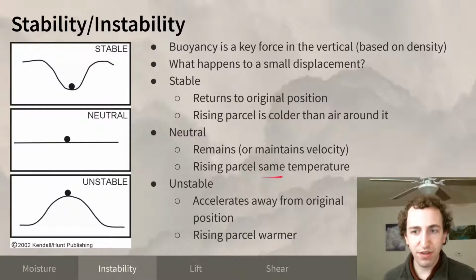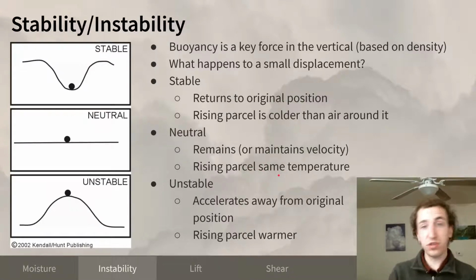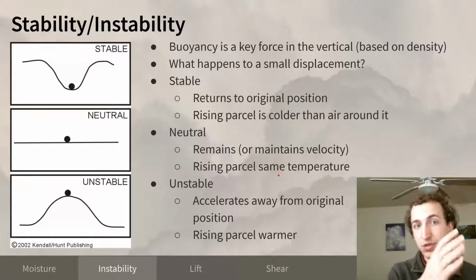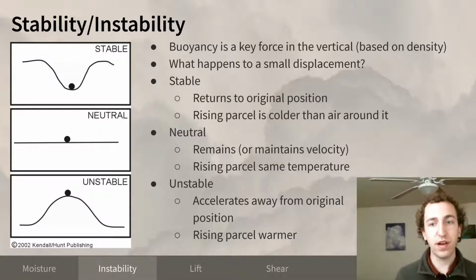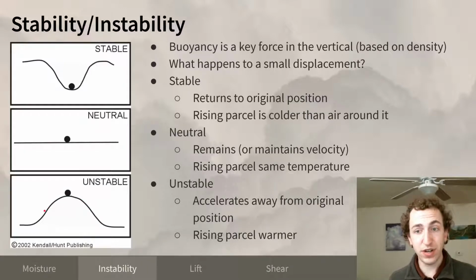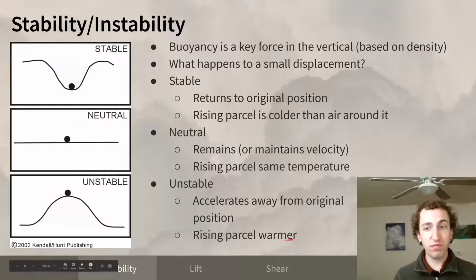In the atmospheric sense, this means the rising parcel maintains the same temperature as the environment, so it's neither more nor less dense than the surrounding air. Unstable is the other way around. We think about a ball on the top of a hill, where it would accelerate away from its original position. In the atmosphere, this means the flip side of stable.